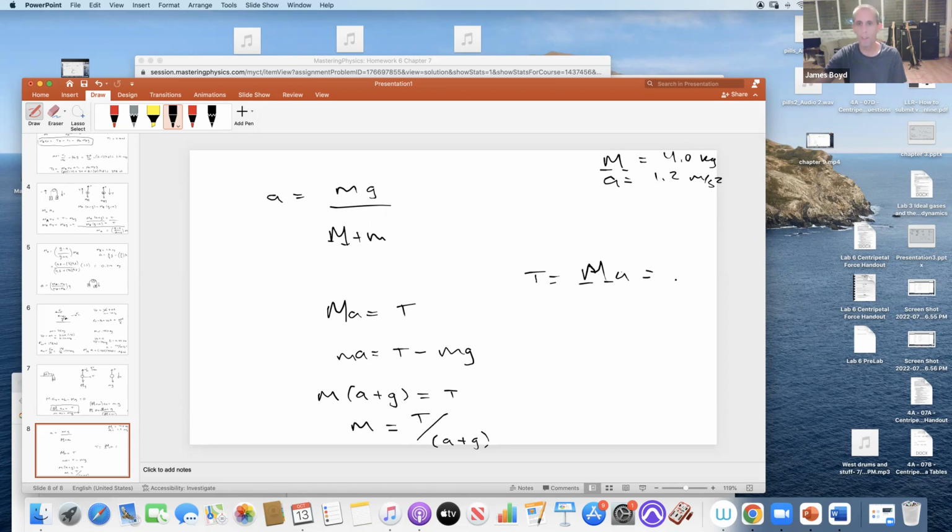So this is 4.0 times 1.2, which is 4.8 newtons. A is 1.2, g is obviously 9.8.